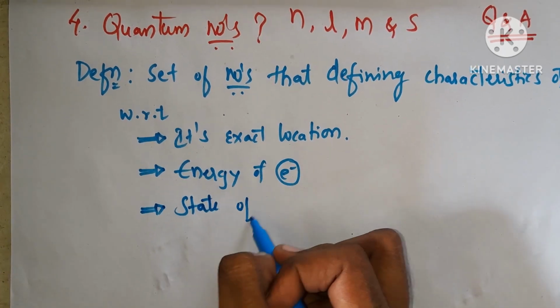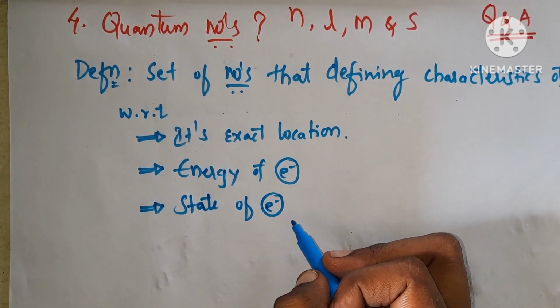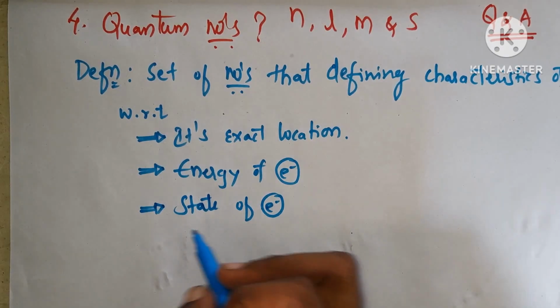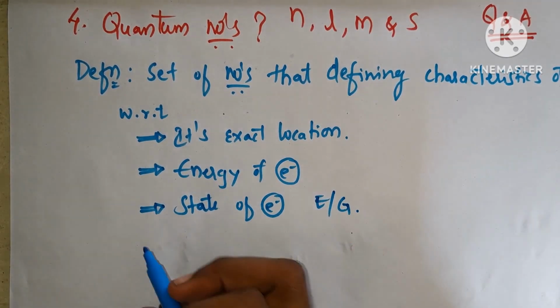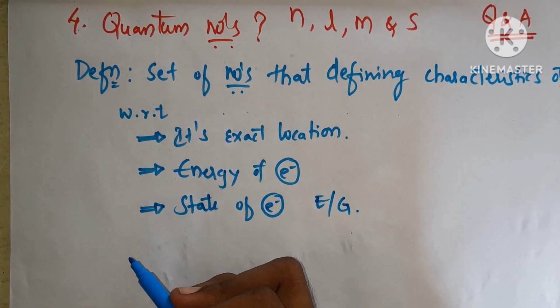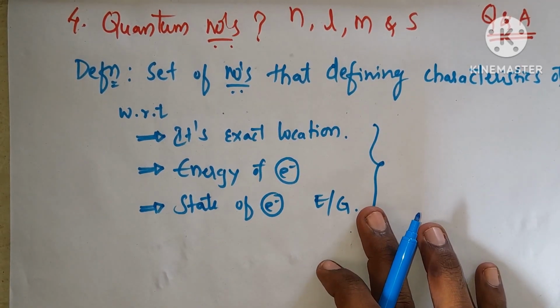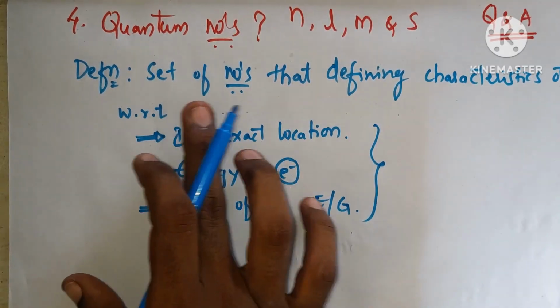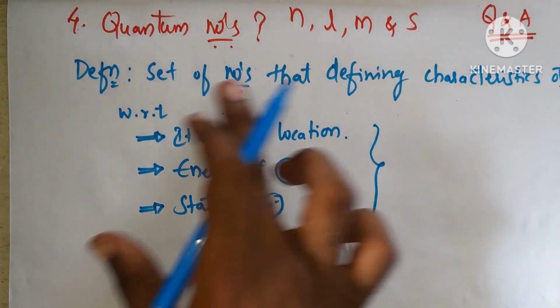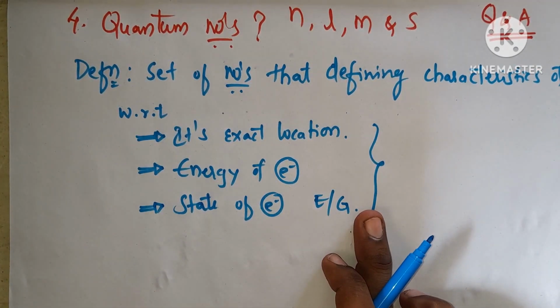What is the state of that electron? Whether it is in the excited state or ground state. The combination of all these characteristics are the defining characteristics of that electron, which summarizingly gives the definition of quantum number.